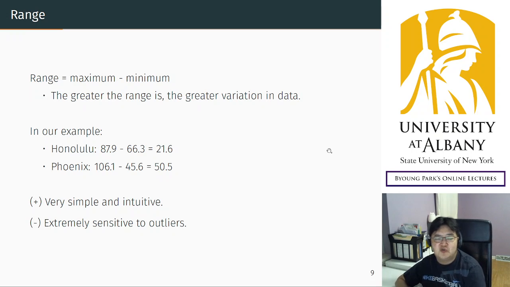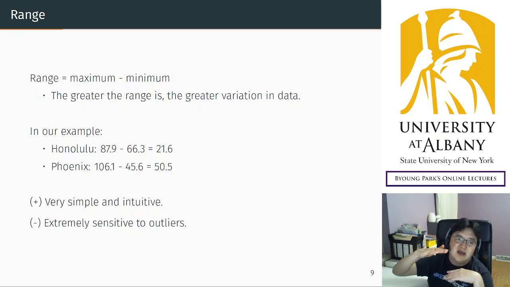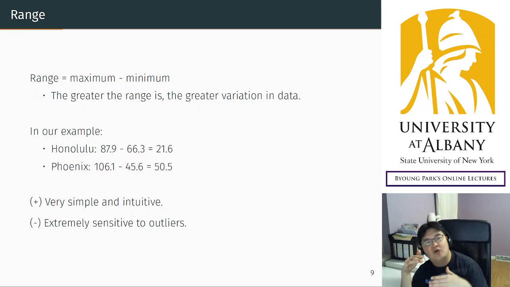The first measure we study is the range. The range is simply the difference between the maximum and the minimum. So the greater range is the greater variation in data. As I said, Honolulu has very low highs and very high lows. Very cool summer and warm winter.